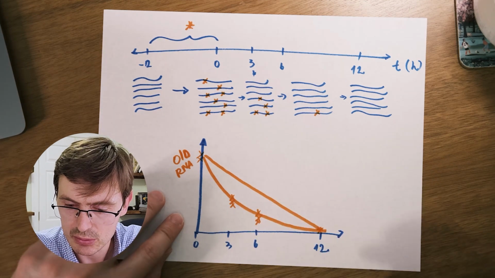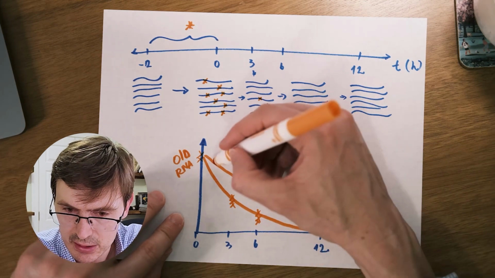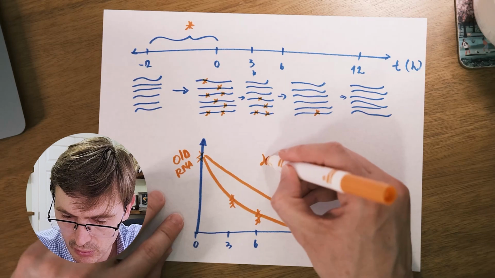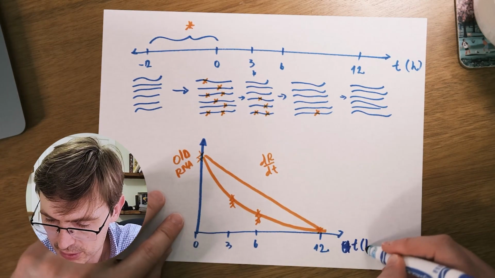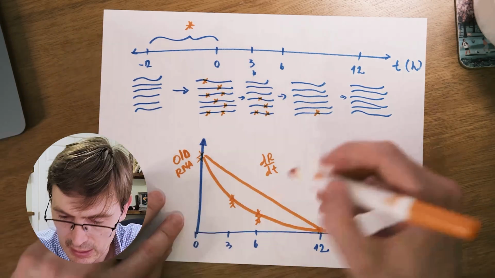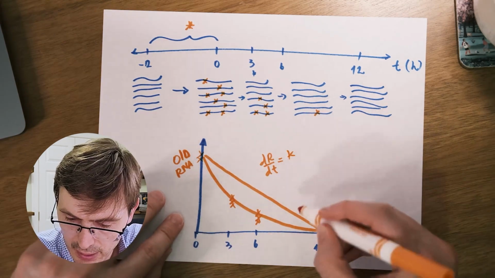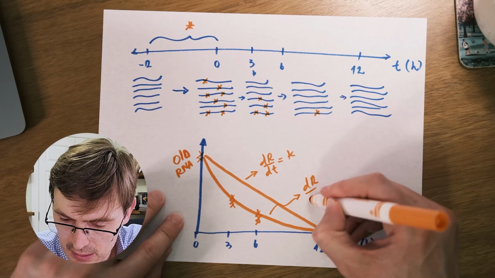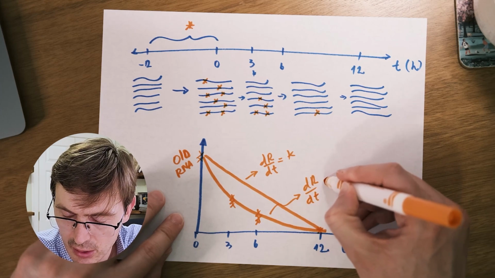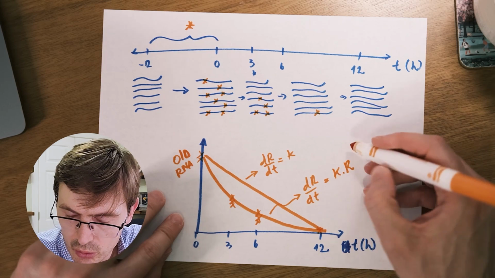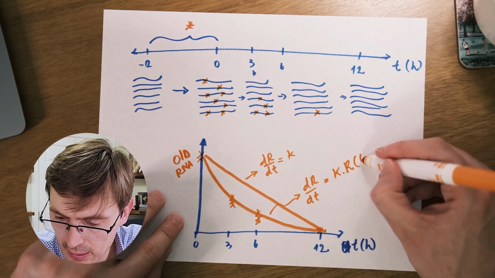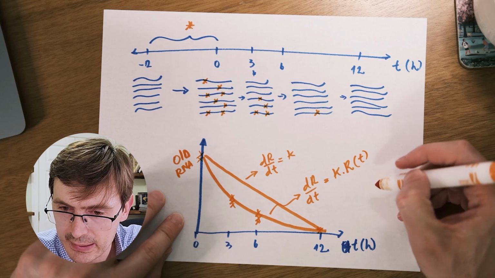So in that case, what we have is that the slope of this old RNA, according to the time in hours, is not a constant, but rather this decay rate depends on a constant that is proportional to the amount of the RNA that we have at that time.